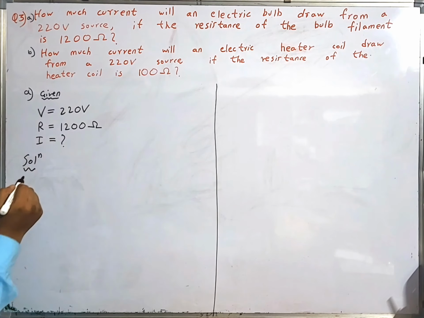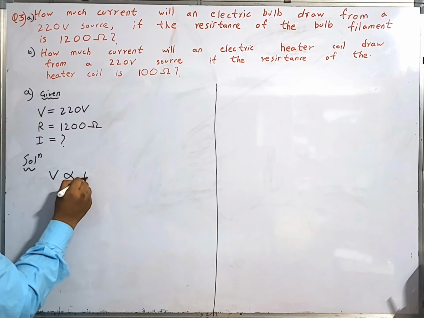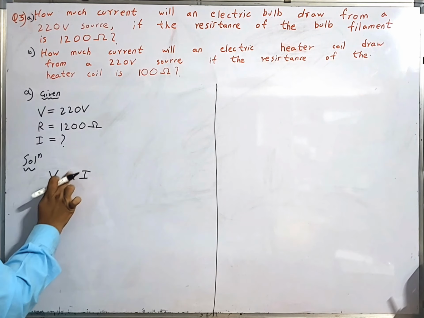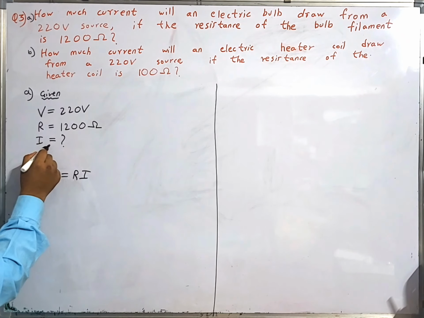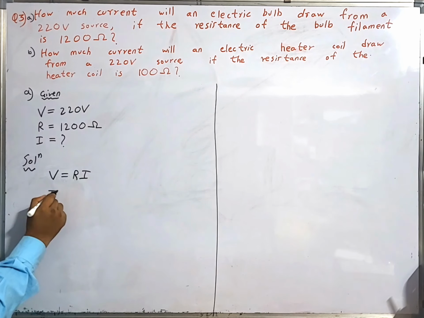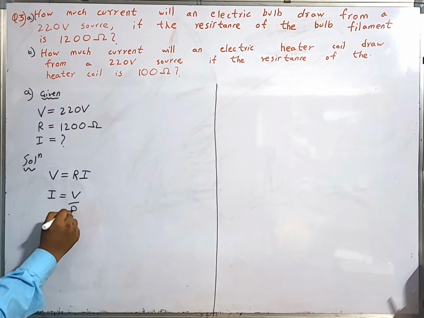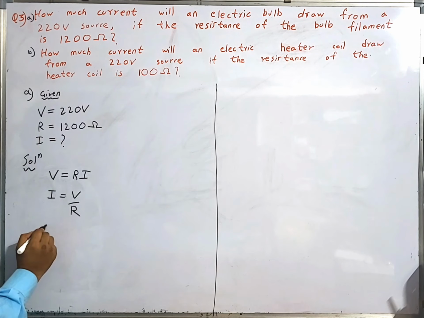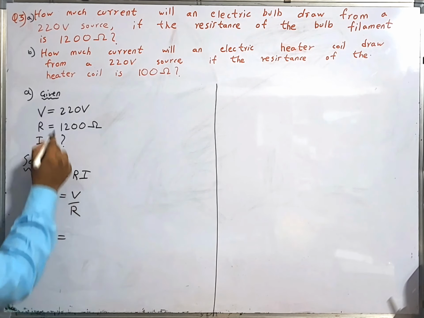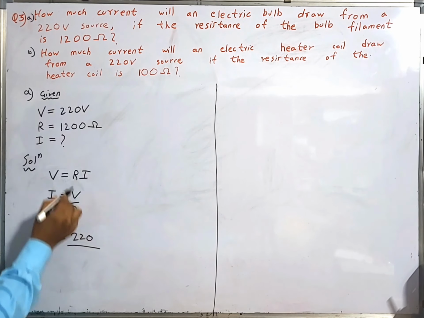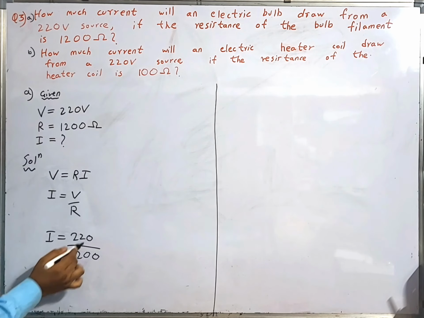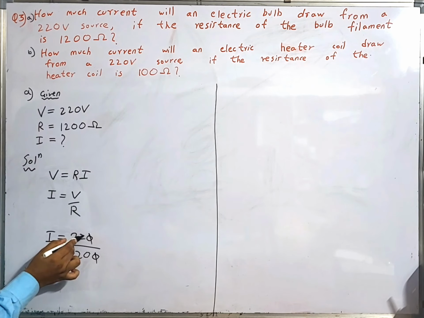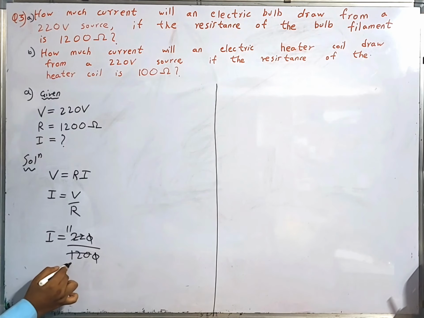Solution. From Ohm's law, you know that V is directly proportional to I, and we use R as a proportionality constant. We have to find out I, that is current. So I is equal to V upon R. Now putting the values, I is equal to the potential difference, 220 volt, upon the resistance R, 1200 ohms. Now dividing, the zeros get cancelled, 2 1s are 2, 2 6s are 12, and so on.